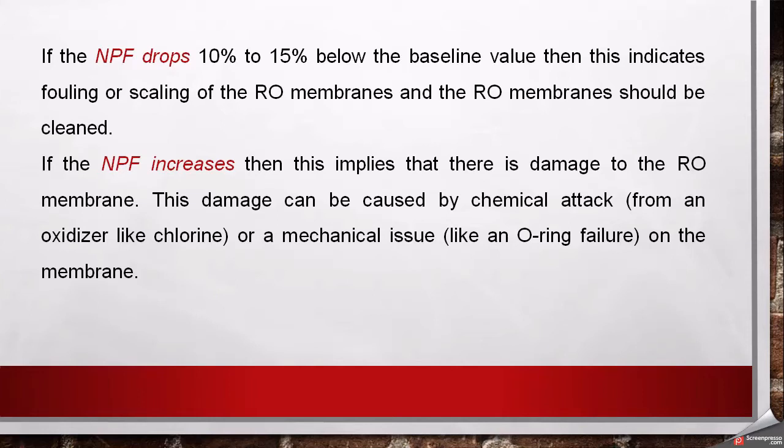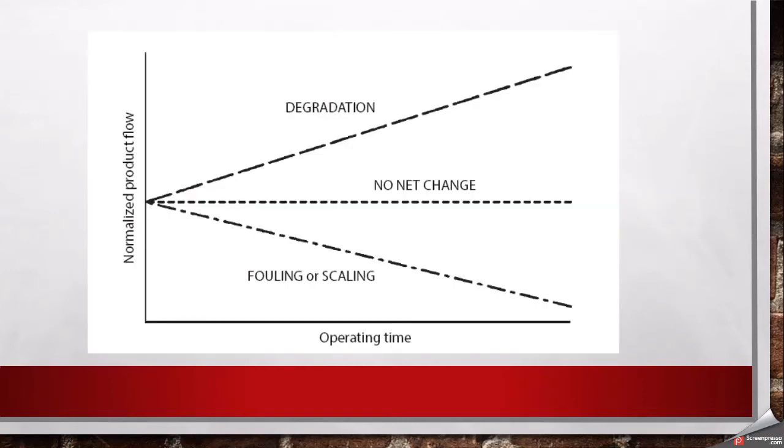This means that there is damage to the reverse osmosis membrane. This damage can be caused by a chemical attack from an oxidizer like chlorine, or any mechanical issue which may lead to a failure of some O-ring on the membrane. So these are some examples: by increasing or decreasing, the NPF indicates some problem.